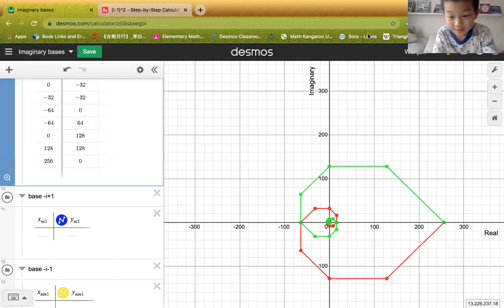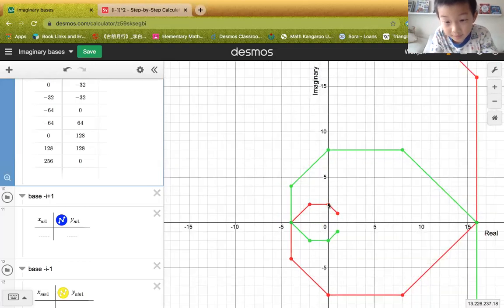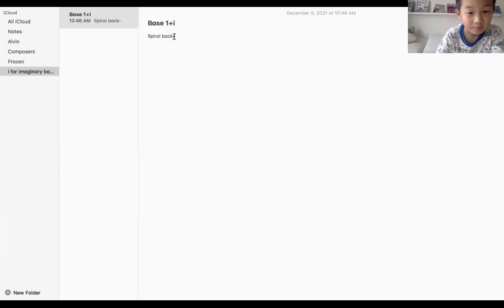So let's retrace the steps. First it goes up, back, down, forward. Up, back, down, forward. Makes sense. Up, back, down, forward.